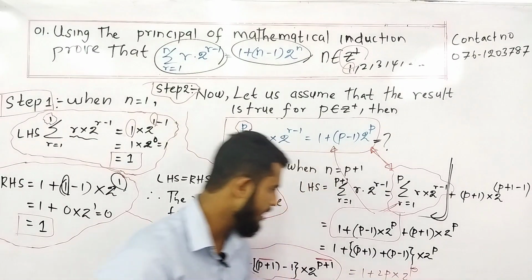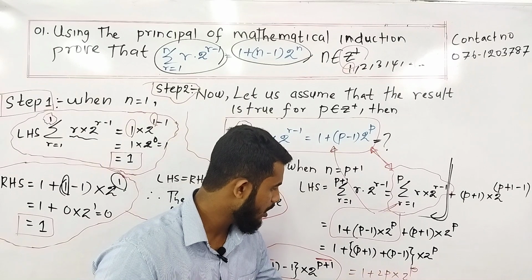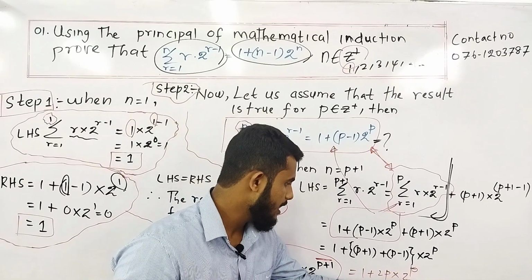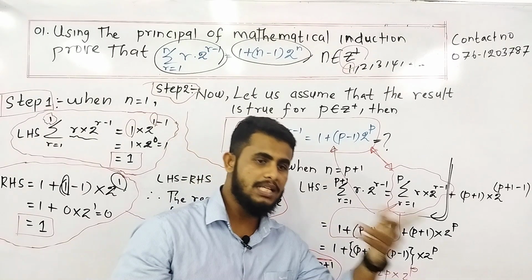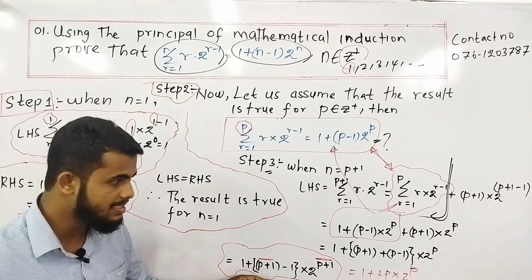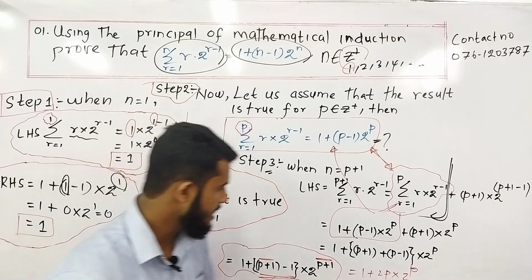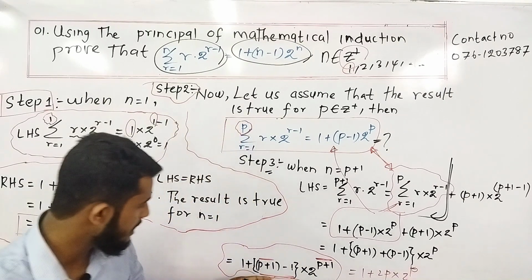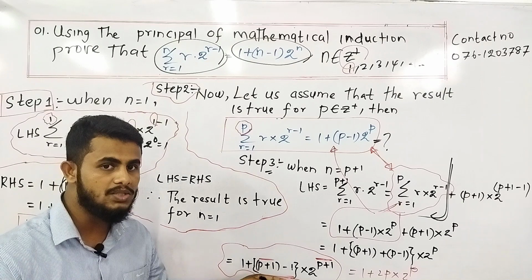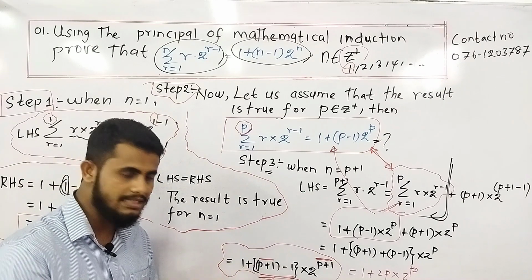If we have the same base, we can add the powers. So here it should be 2 to the power p plus 1. Instead of p, I can write p plus 1 minus 1, so plus 1 minus 1 cancel and the same part remains.